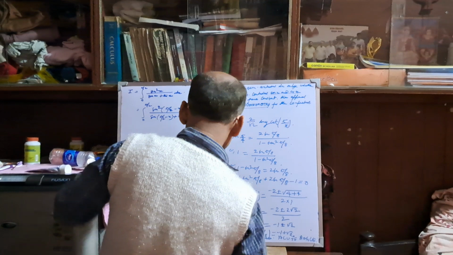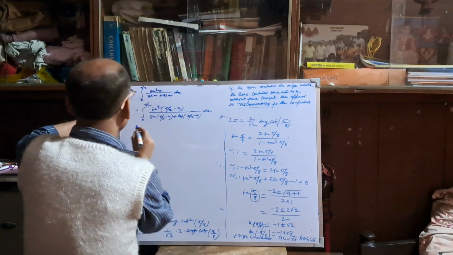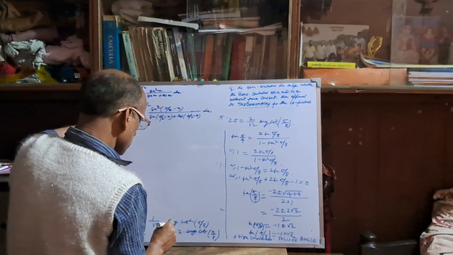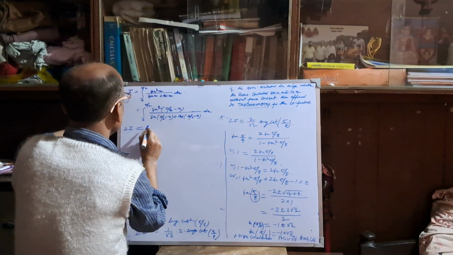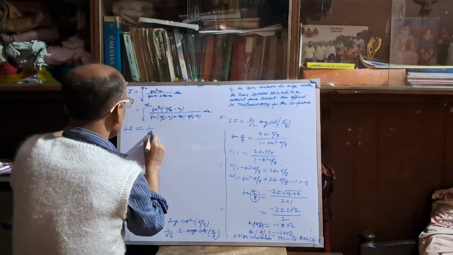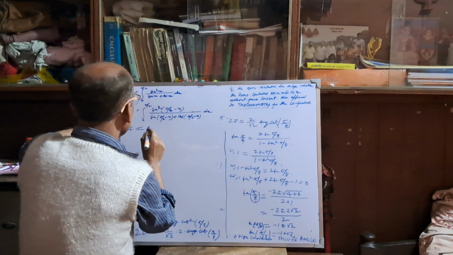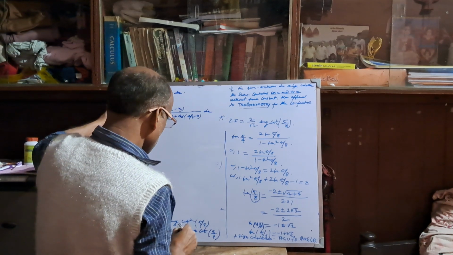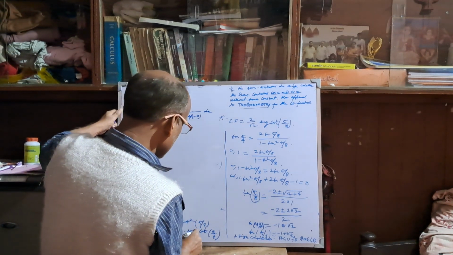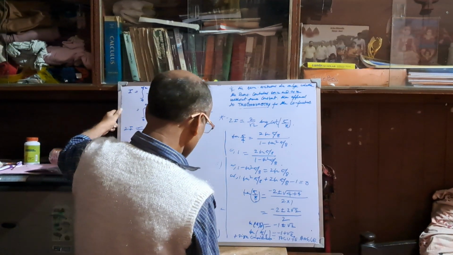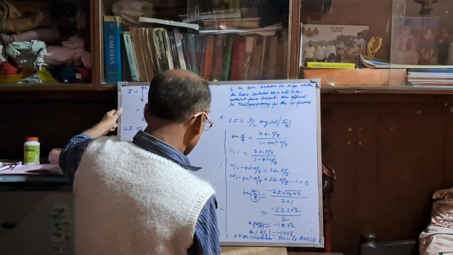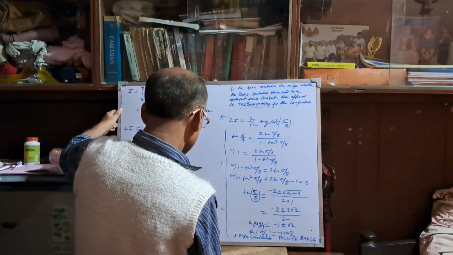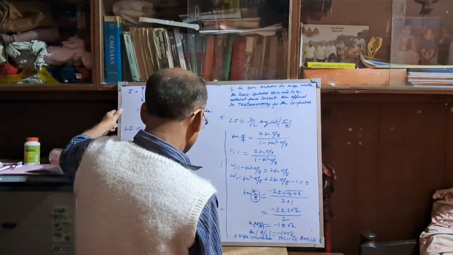So that will be 2I equal to 1 by √2, and the 2 in the numerator is already here, and this part I can write as log of 1 by cot(π/8).